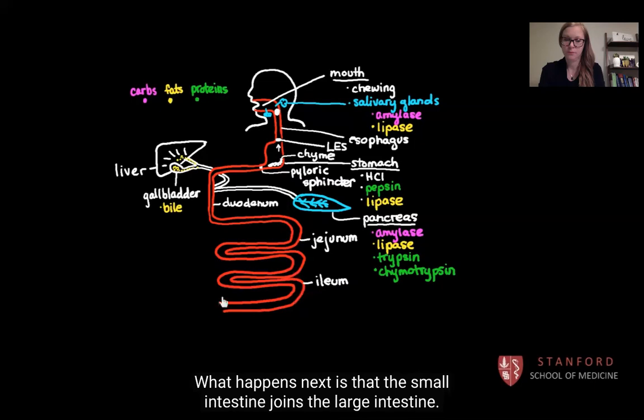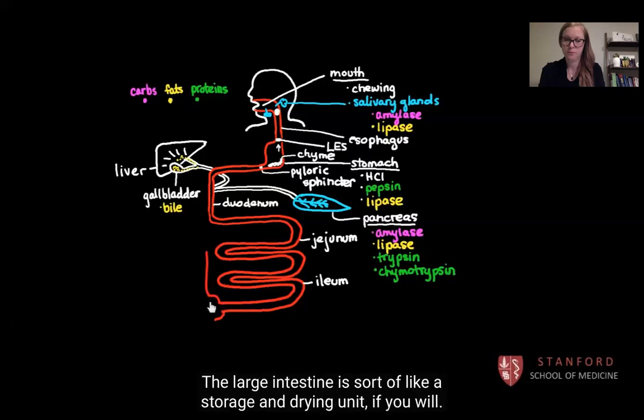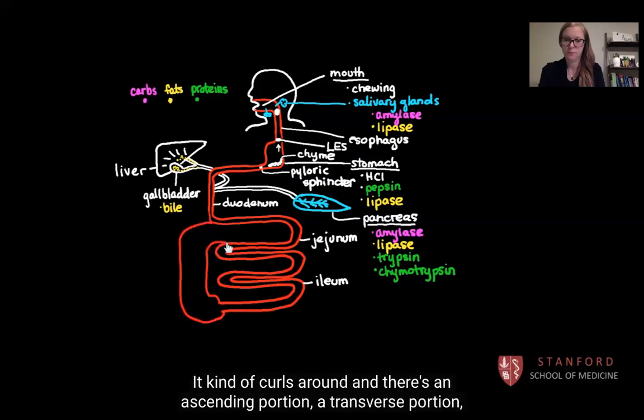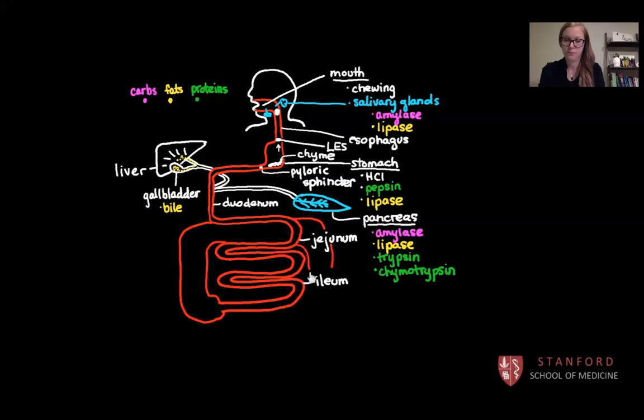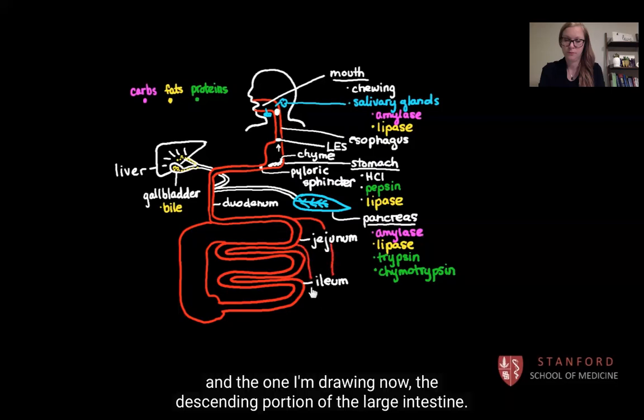What happens next is that the small intestine joins the large intestine. And the large intestine is sort of like a storage and drying unit, if you will. And it kind of curls around, and there's an ascending portion, a transverse portion, and the one I'm drawing now, the descending portion of the large intestine.